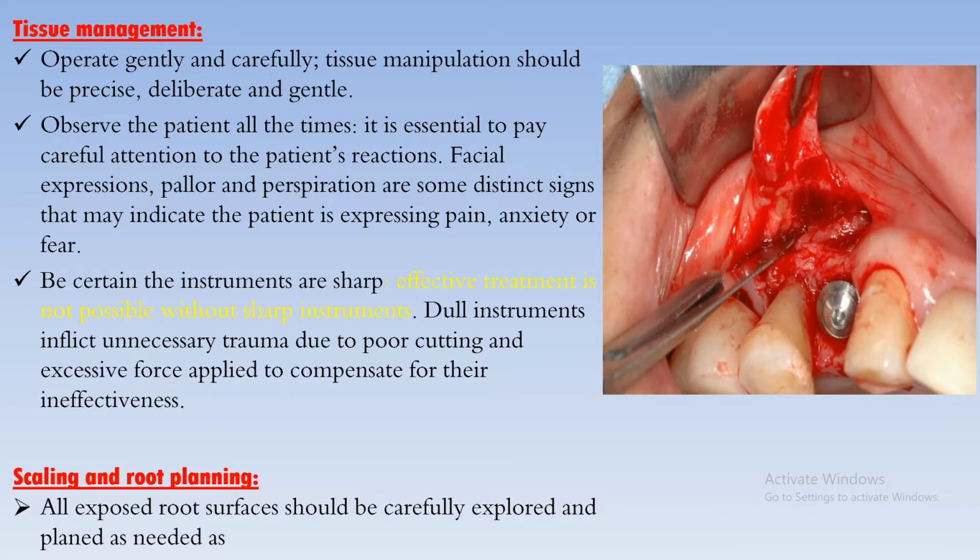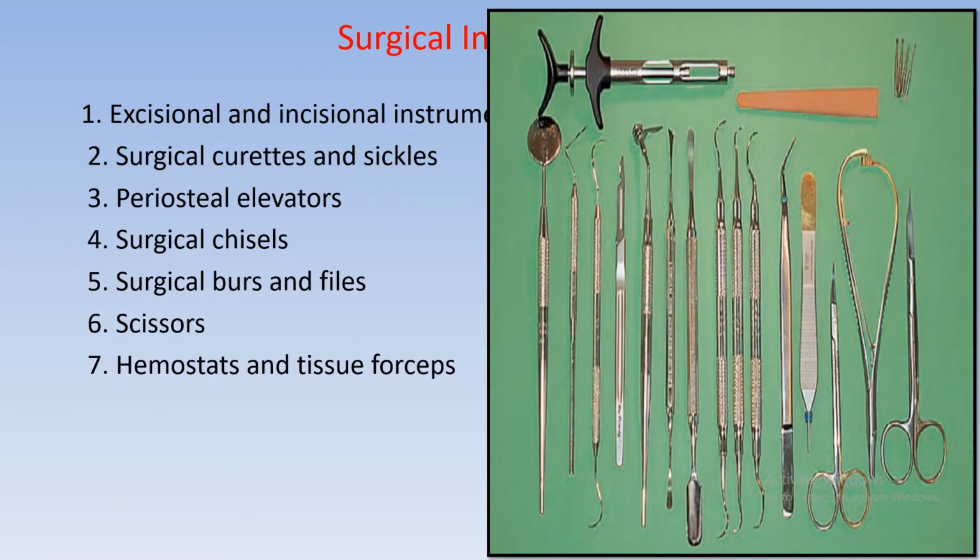We must do any surgery with sharp instruments, a quick operation, not delayed in time, a sterilized operation, so we can do our treatment. Surgical instruments are very important. We have many types of surgical instruments. These instruments differ between gingivectomy and the flap.